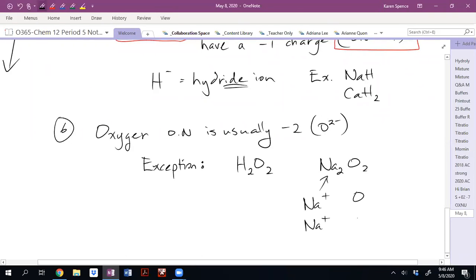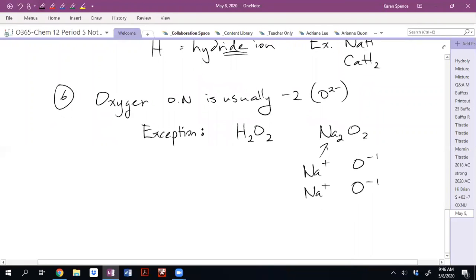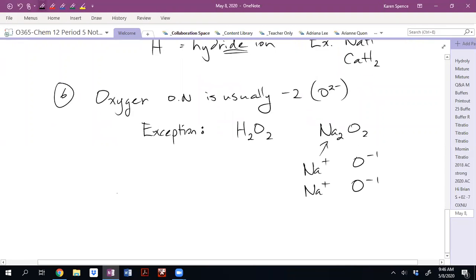That means that the charge of each oxygen must be -1. And in fact, there is an ion called peroxide, and it is O2 2 minus.